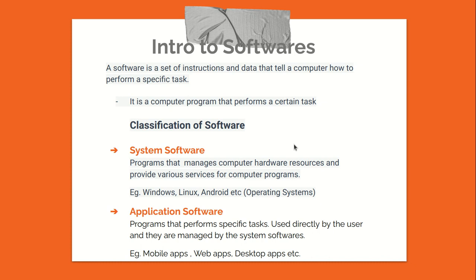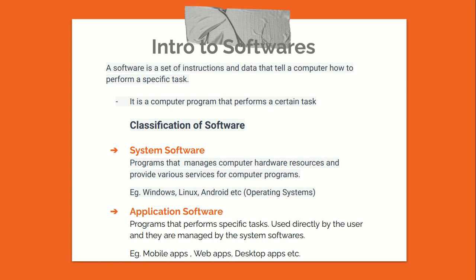These are programs. The operating systems are softwares. These programs manage the computer hardware resources. They manage the input, output, the devices, memory, they manage everything for the computer. So these softwares are classified as system software.